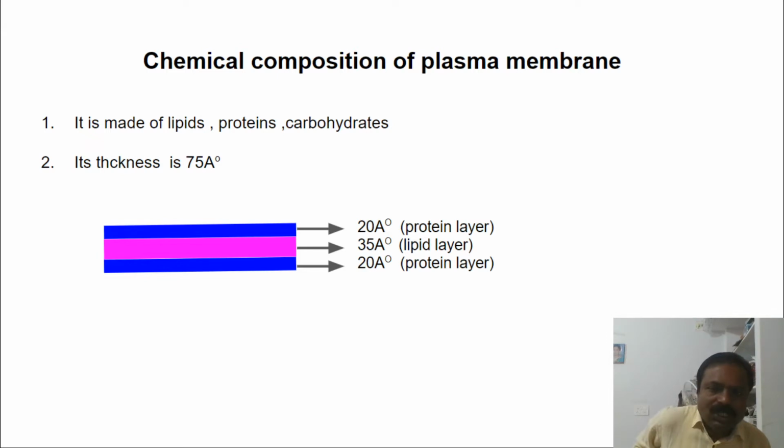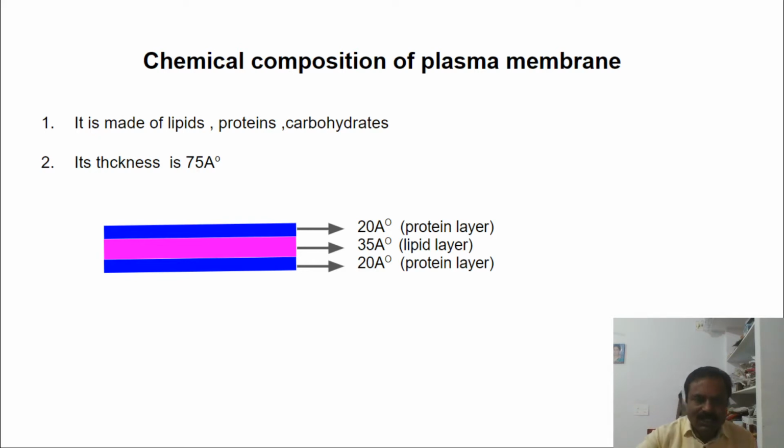Now, the chemical composition of the plasma membrane. What substances are present in the plasma membrane? Generally, lipids, proteins and carbohydrates are present. In the middle, a lipid layer is present, and on either side of this lipid layer, protein layers are present. Generally, the thickness of the plasma membrane is 75 angstroms, but it also ranges up to 150 angstroms.